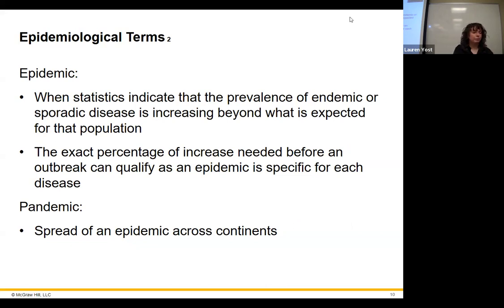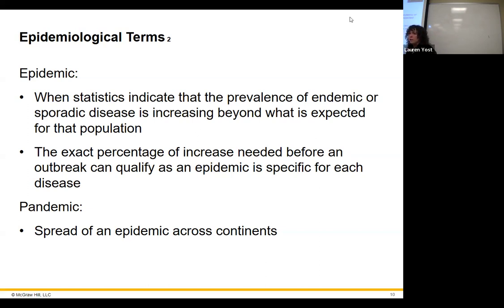All right, and then we have epidemics. These are whenever we have an increase in the prevalence of the endemic disease, the one that was normally seen, right? So anytime your prevalence, basically how many people are getting sick from the disease, increases beyond what you were expecting, or you have a sporadic disease that keeps going and is no longer just sporadic, it's carrying on.